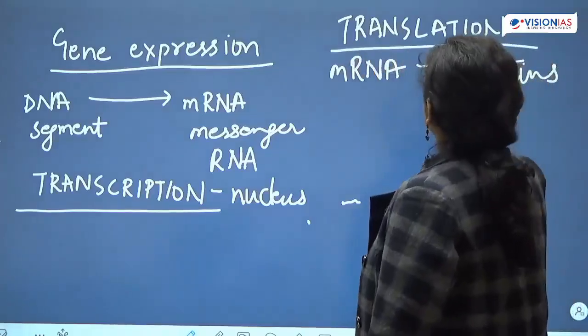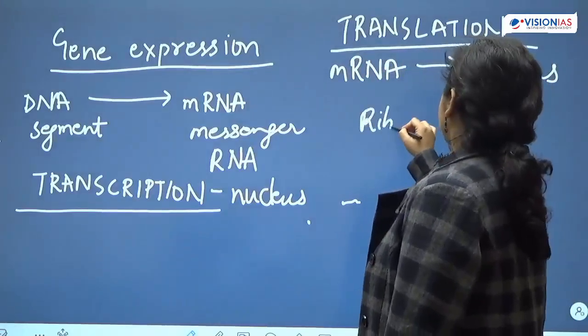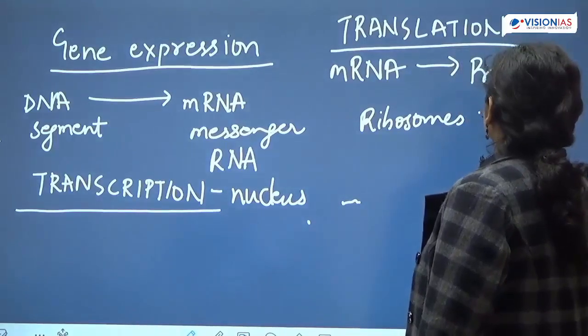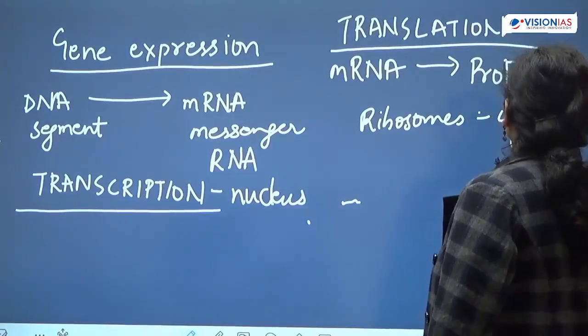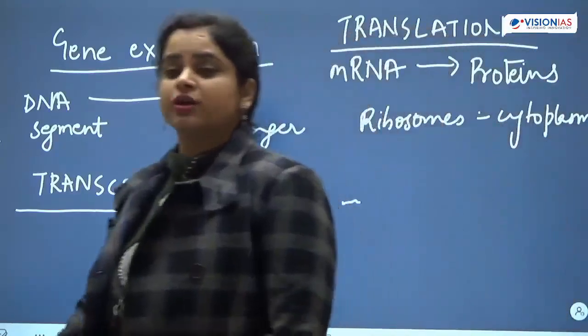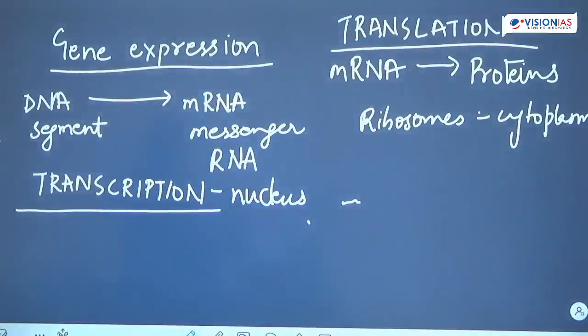And translation is happening in the ribosomes present in the cytoplasm. So which protein is produced, which protein is not produced, that will ultimately determine your characters.